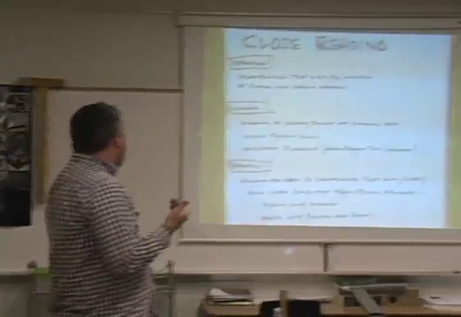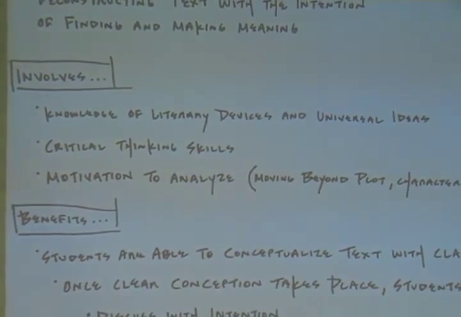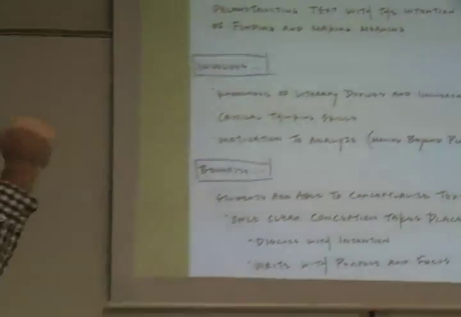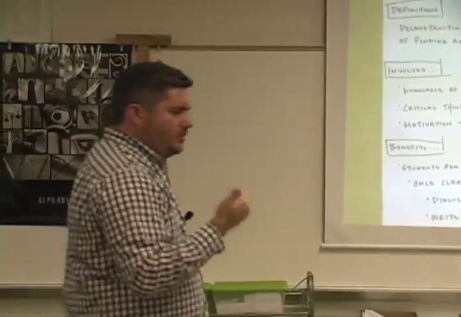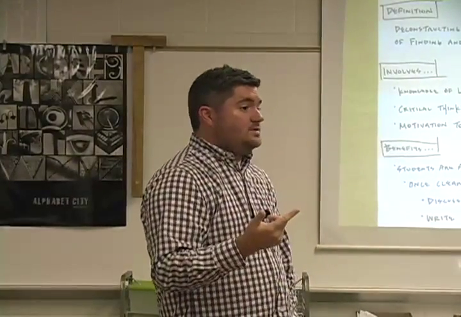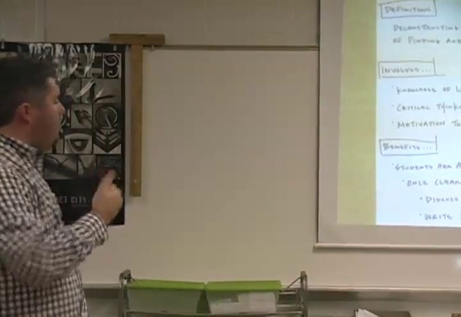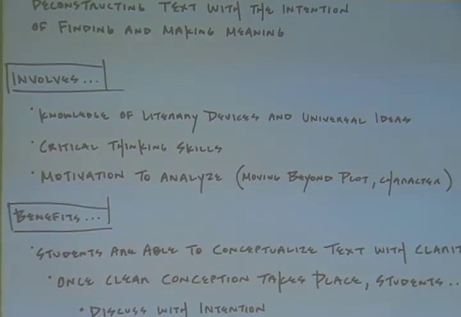Right? They are able to identify. I guess it's that taxonomy, right? They just can't get into those upper levels of thinking about literature. So you have to have critical thinking skills, and we're building a lot of those at the beginning of the year. And then finally, you have to have the motivation to analyze beyond the basic character and plot.